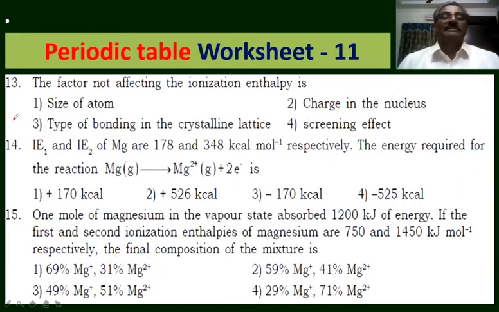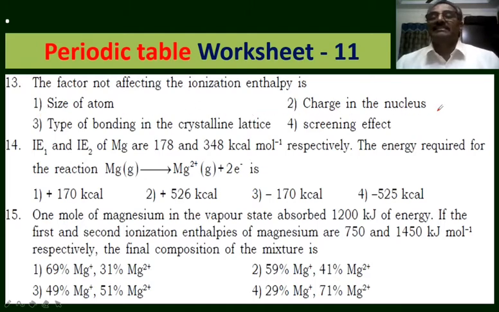Next, 13th question. The factor not affecting the ionization enthalpy is the factor which doesn't affect the ionization enthalpy. Ionization enthalpy is affected by the size of the atom. If the size of the atom increases, the electron can be removed easily, so ionization energy will be less.